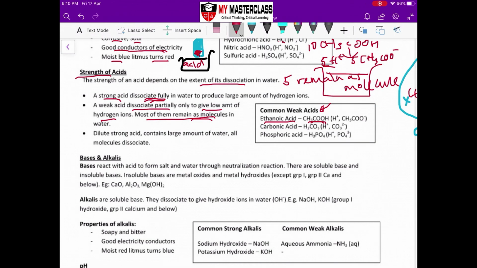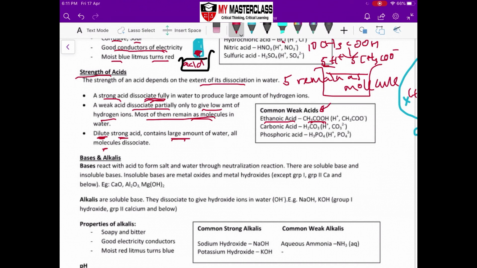Dilute strong acids contain large amount of water, all the molecules will dissociate. Okay, so I just want to let you all know the difference between dilute and strong and weak acid. Dilute just means I have a lot of water and then very little molecules.